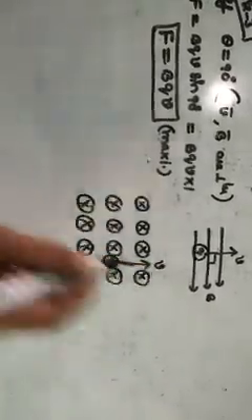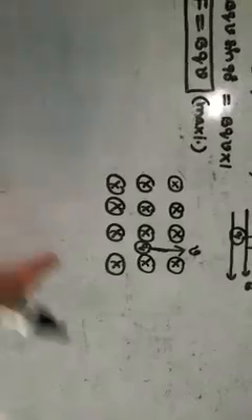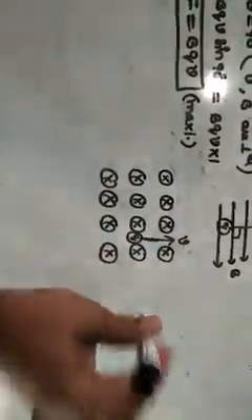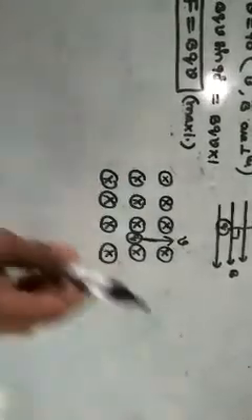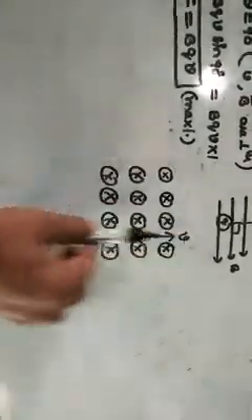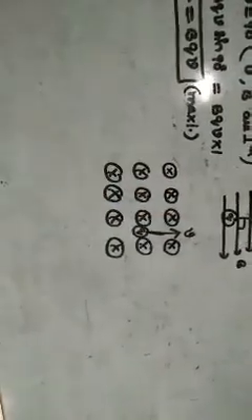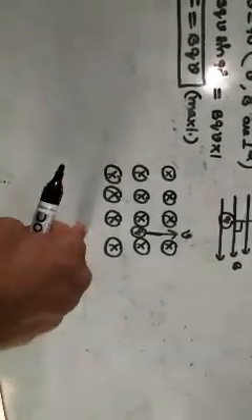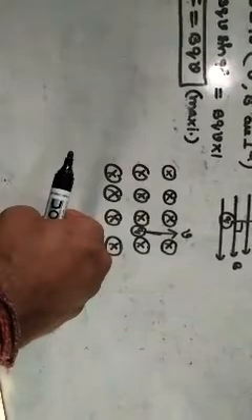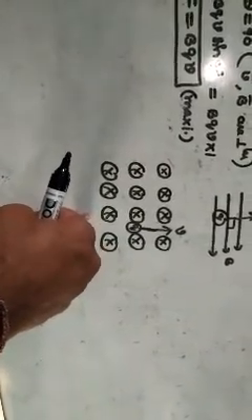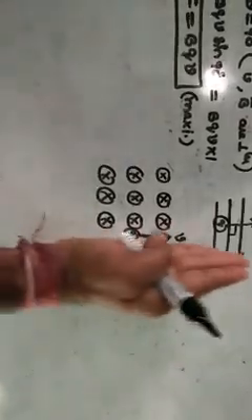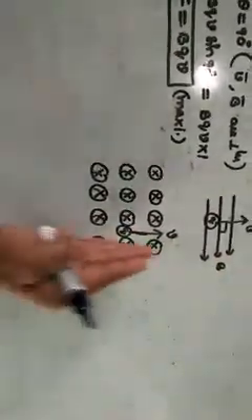Velocity v. Everyone try to understand. This magnetic field is B inwards, meaning into the page, and velocity is like this. Magnetic field into the plane means there is one axis inside, that is like the negative z axis, and this is called the y axis.